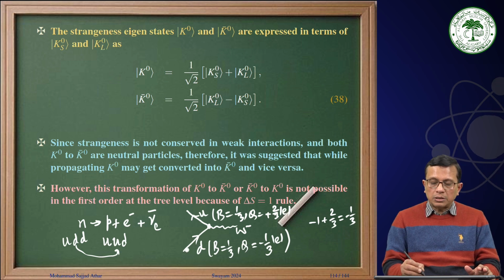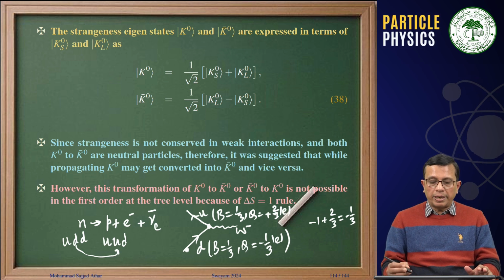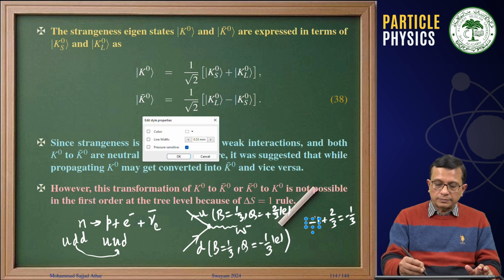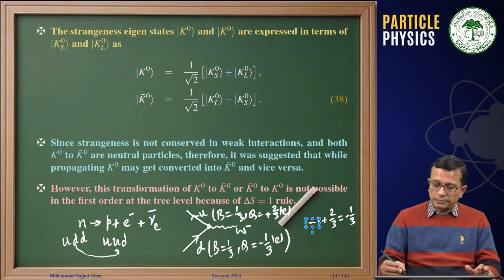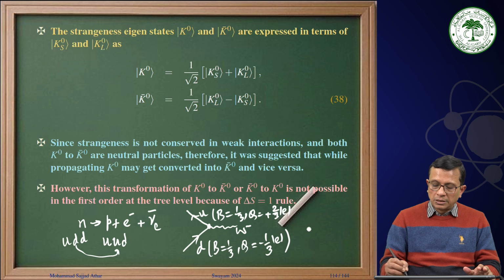Therefore, this d quark is emitting a W minus and being converted into a u quark, and this W minus then gives rise to an electron and an antineutrino.